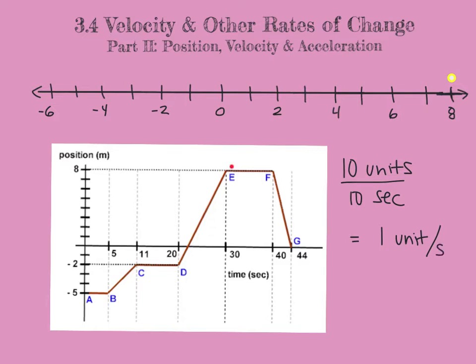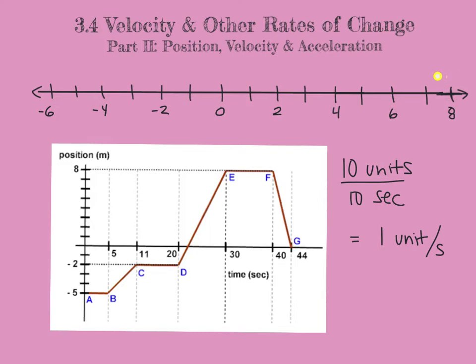Then, from E to F, over the next 10 seconds, our particle does not move. Its velocity is 0. Then, from F to G, our particle does move, but it moves backwards from position 8 on the number line to position 0 in a very short amount of time. That's really steep. That changes fast. So it goes 8 units back in 4 seconds.